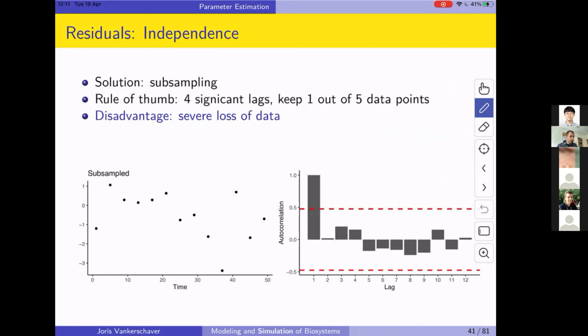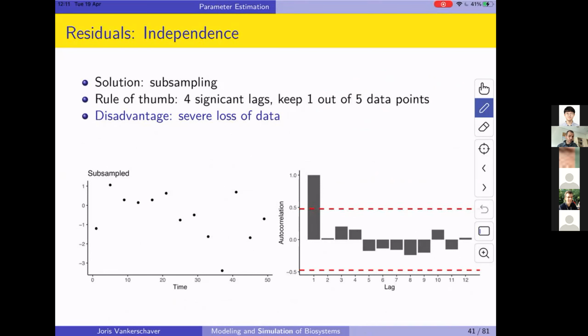With the signal I showed you, there were 4 significant lags, so we're going to keep 1 out of every 5 data points. If you keep every 5th data point, you get a signal that looks like that, with residuals that look like the left.